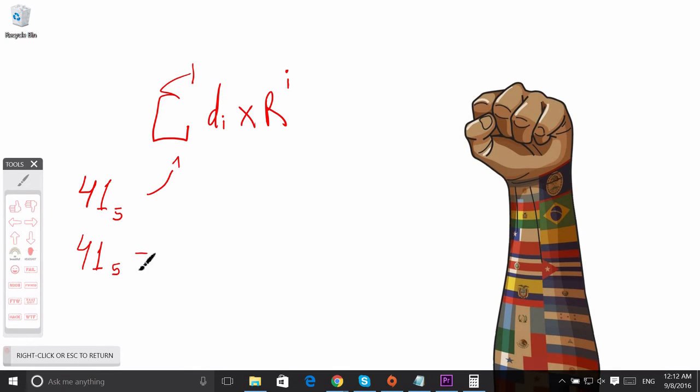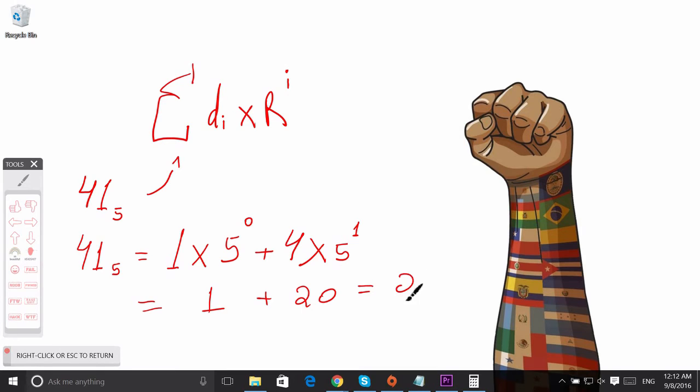Let's do it. 41 base 5 is equal to the digit 1 multiplied by R, the base, in our case it's 5, to the power of the weight of the digit 0, plus 4, the next digit, multiplied by R, the base 5, to the power of 1, the weight, and we get 1 plus 20, which equals 21 in base 10.